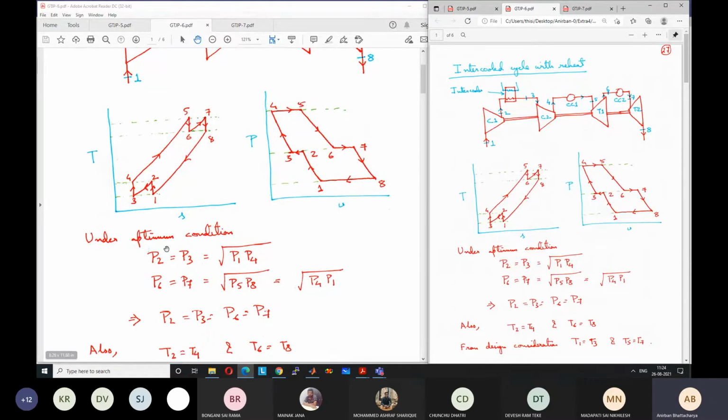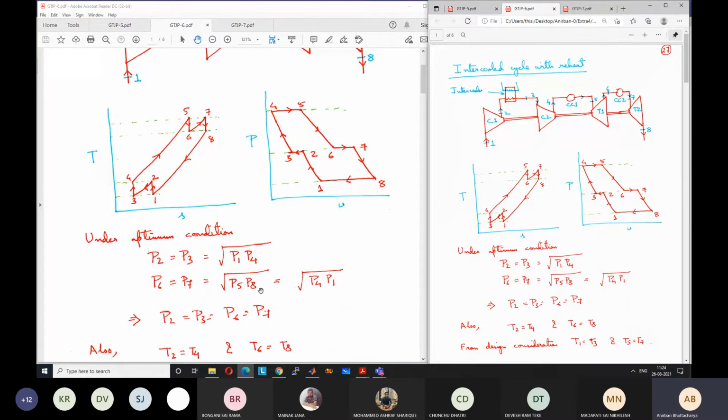So under optimum condition, we have seen that P2 equals P3. Anyway, P2 equals P3 because that's the constant pressure line. But this P2 equals P3 is equal to the root of P1 P4, because the pressure ratios are the same. And P6 equals P7 obviously because it's a constant pressure process. But this P6 or P7 is equal to root over P5 P8.